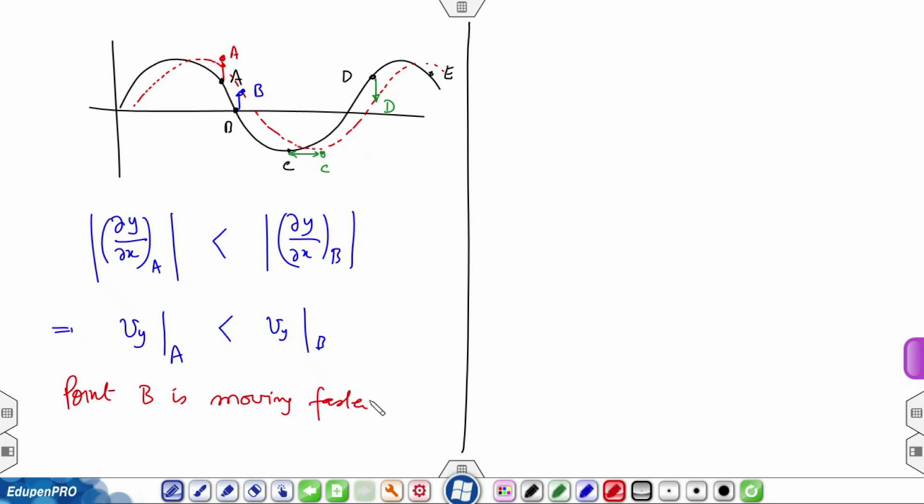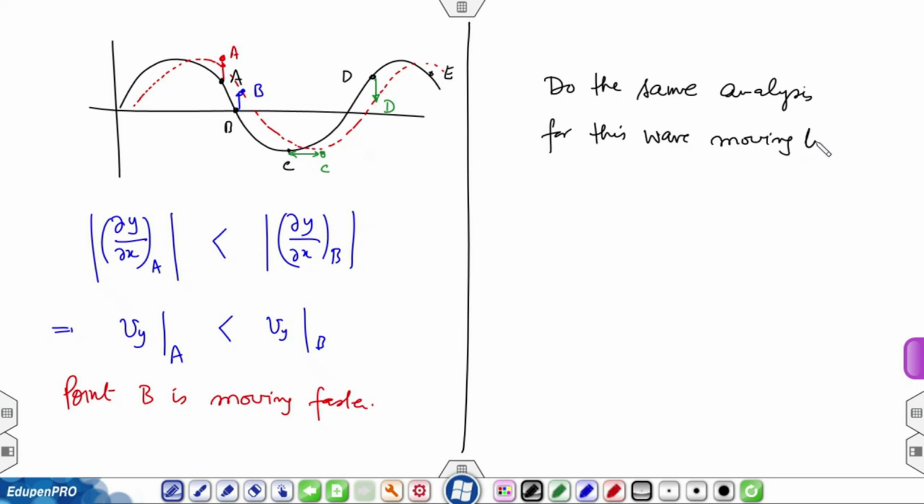What I would like you to do now is do the same analysis for this wave moving to the left.